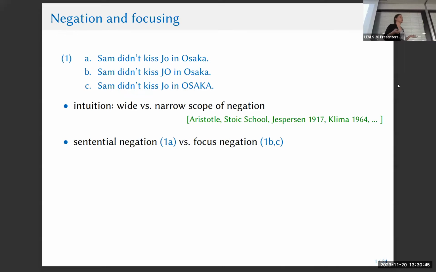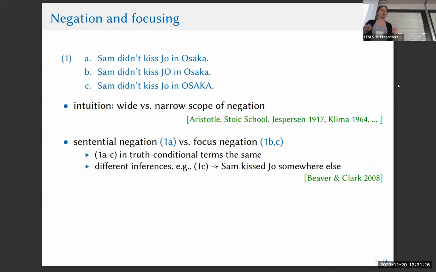But if you begin to think, and also if you know linguistic theories, what is now the scope of negation, and what does this narrow scope of negation mean here if you think in terms of a logical negation operator? First of all, in truth conditional terms, all three sentences are true under the same circumstances. So that wouldn't really help us capture the differences.